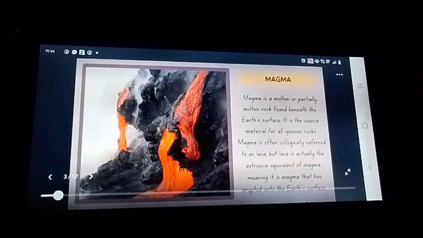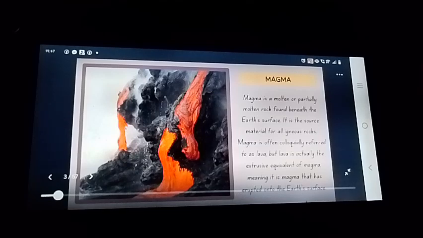It's under immense pressure from the weight of the Earth's crust. And lava. This is the magma that has escaped from the pot, flowing out onto the Earth's surface. It's like the overflow of the underground pot, cooling and solidifying as it spills out.